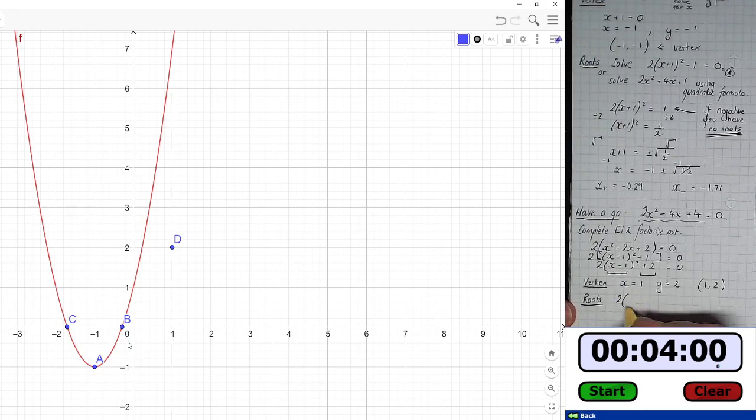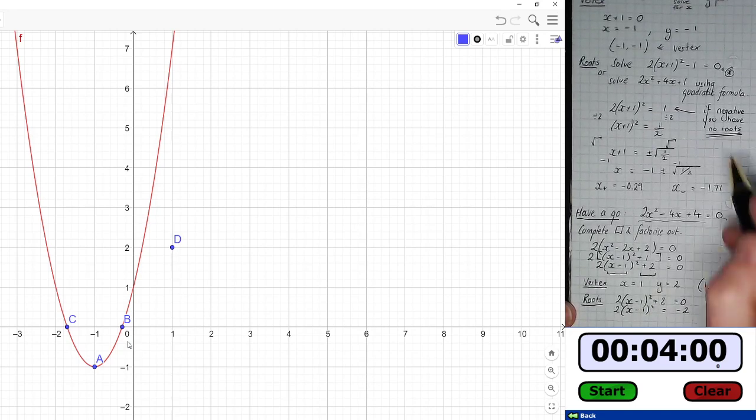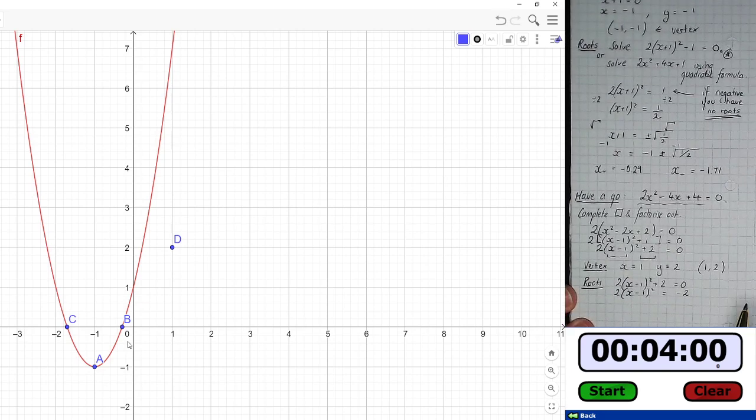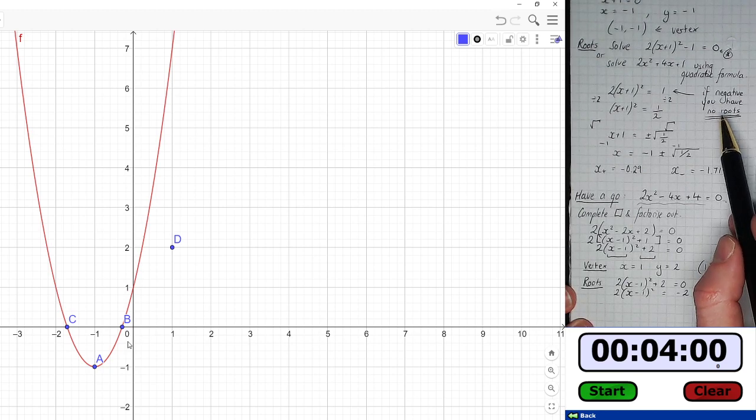We want to solve the equation like that. So we take the 2 from both sides. So 2(x minus 1) squared is equal to negative 2. We now have that negative number there. And as we said before, if this number is negative, we will have no roots.